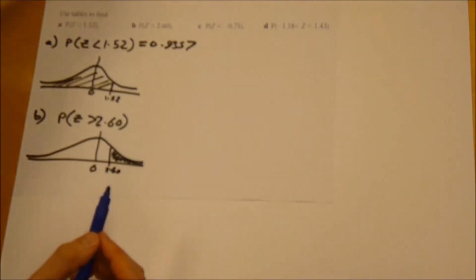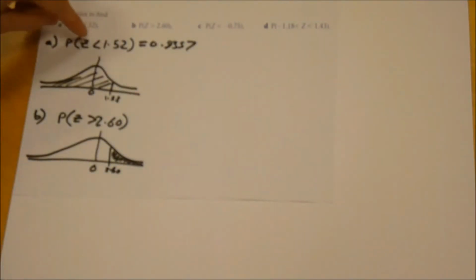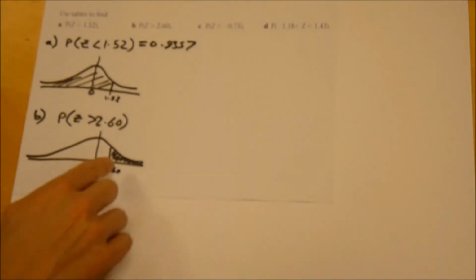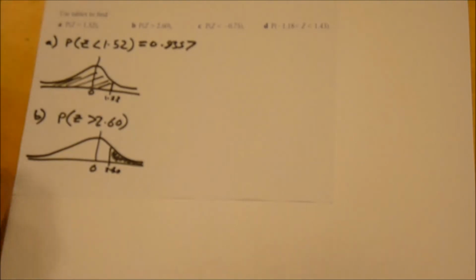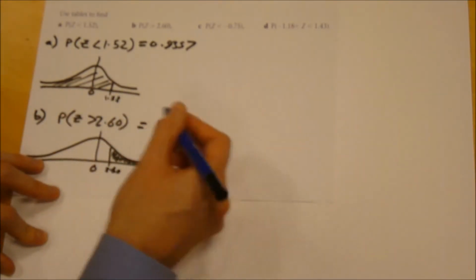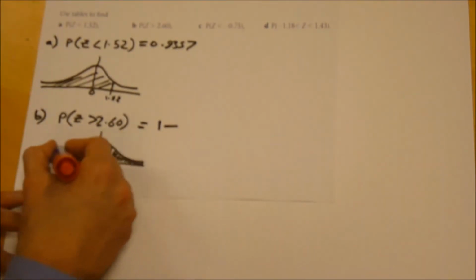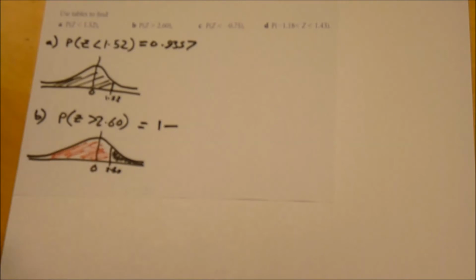Now, the key thing is that the probability in the formula booklet gives us the probability of Z being less than a value. But we know that all probabilities sum to 1, so the probability of getting the black bit equals 1 minus this probability here. If I take this probability away from 1, what I'm left with is the black bit.